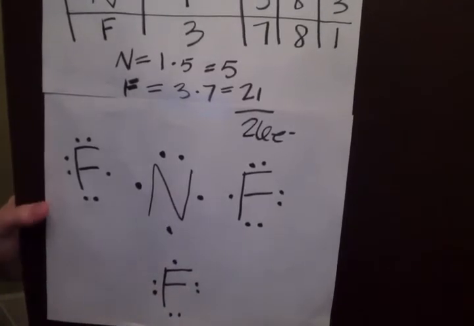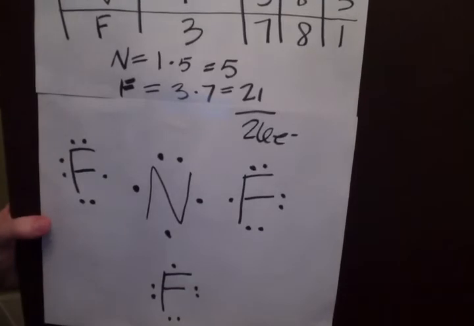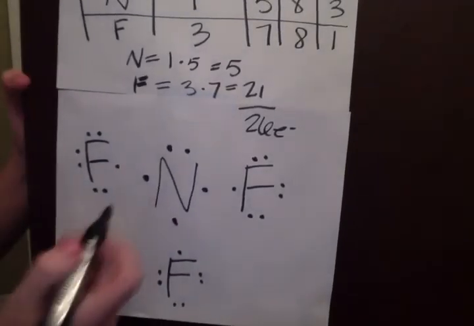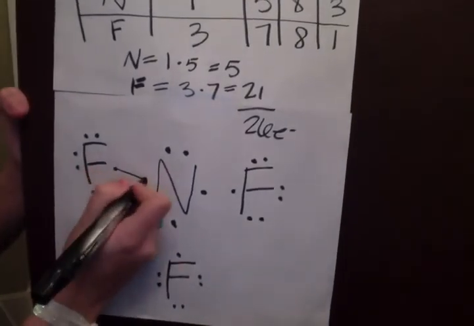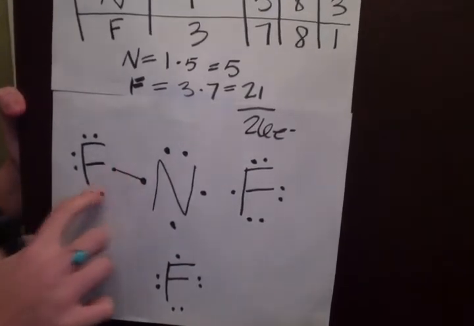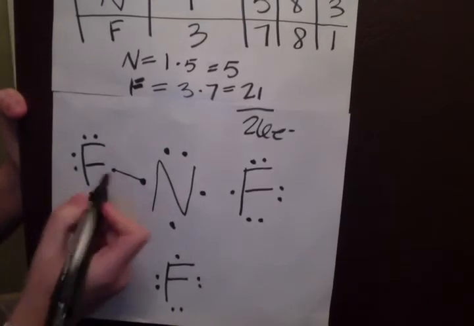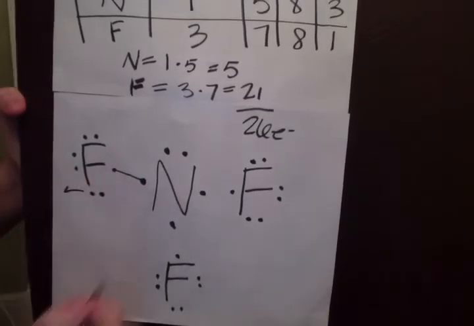Now, each atom needs to be full with 8 electrons. So what we're going to do first is make a connection from nitrogen to the first fluorine, which gives this fluorine 2, 4, 6, and a bond counts as 2 electrons, so 8. So this one is good.